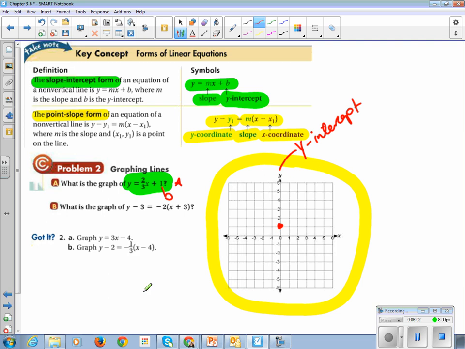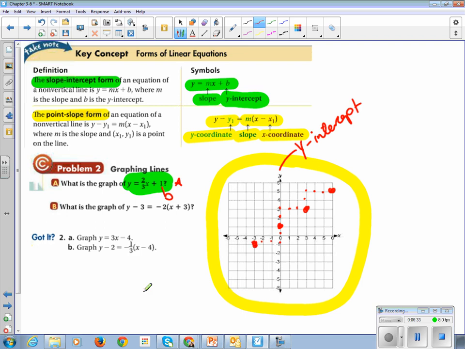Then our slope says we're going to rise 2 and run 3. I'm making little dots to mark my path and big dots for where my line actually goes. Rise 2, run 3. I'm out of graph on this side, so to keep my graph correct, I'm going to drop 2 and go backwards 3.